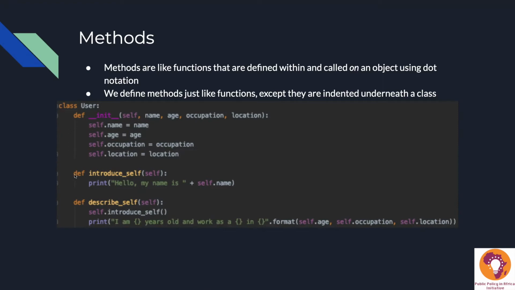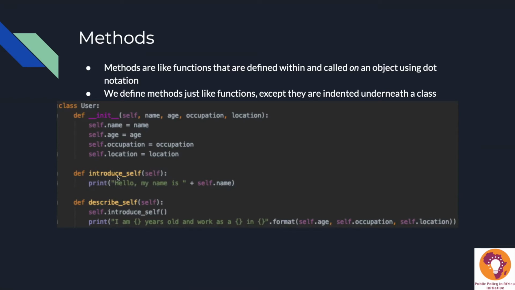Now there are two methods that I've defined on this class. One of the methods is called introduce self, and this just accepts a single parameter, self. Again, for any method that's defined underneath a class, the first argument is always going to be the self parameter. We'll get to that soon, so don't worry about it too much right now.